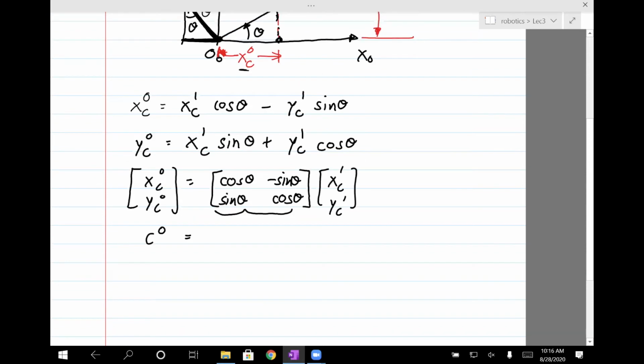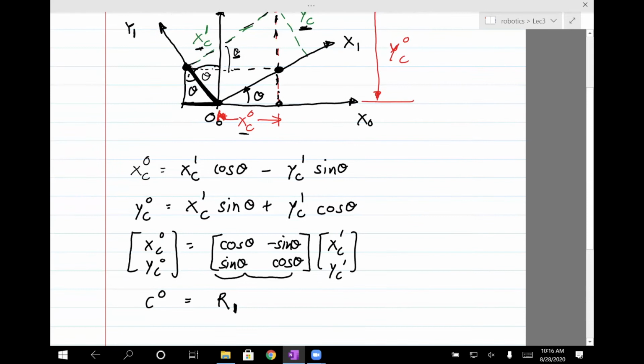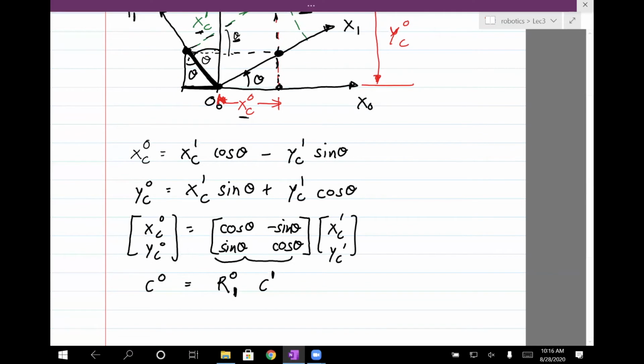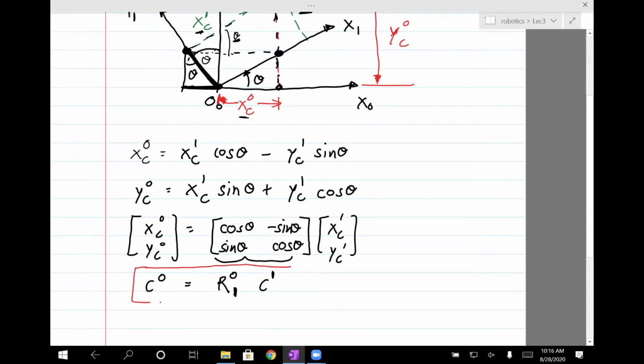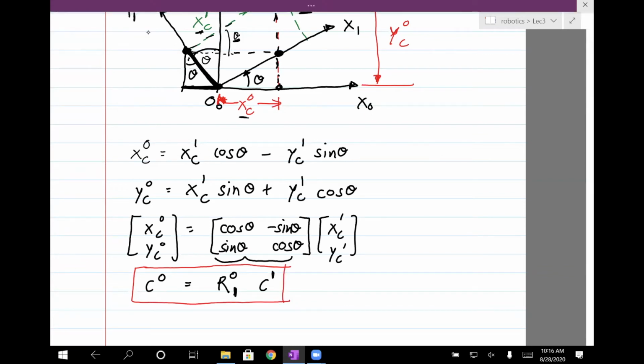I'll call it the rotation matrix. It basically helps me relate frame 1 with frame 0. And then the position of point C with respect to frame 1 is C1. That's how I will effectively denote rotations in this course. This will come again and again.